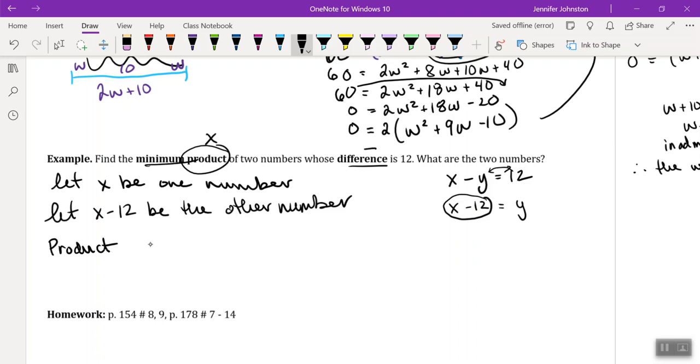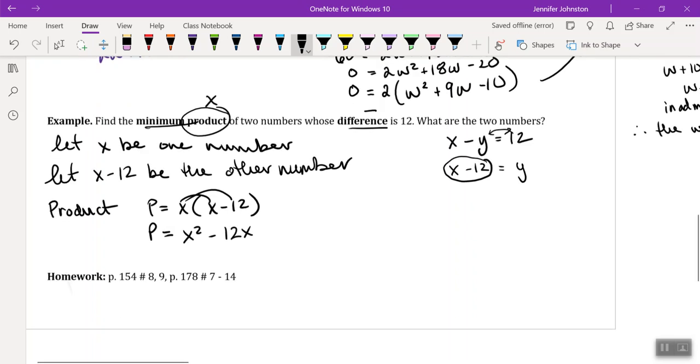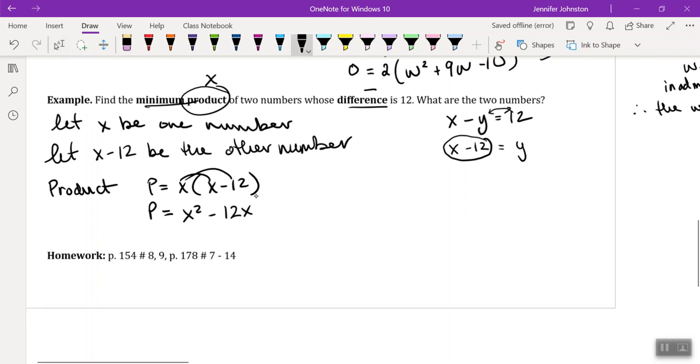The product of these are x and x minus 12. Let's FOIL this. So again, we're trying to find that trinomial in order to complete the square. Here we just don't have a constant value. Okay, so let's complete the square.